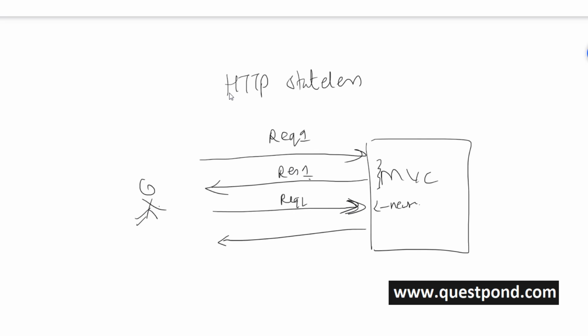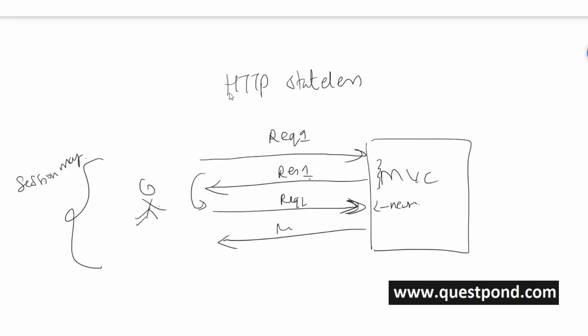That means that the state is not maintained between the requests. Every request is like an individual standalone request and response. So if you want to maintain state between these requests, like I want it to remember the username, or remember what the user did in the previous request, then you need to implement proper session management.